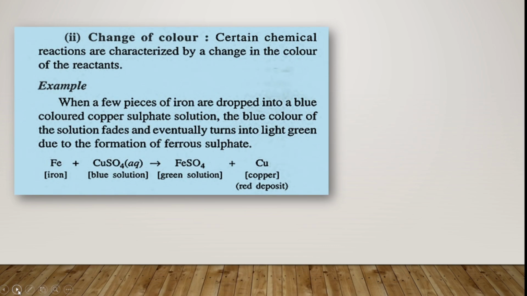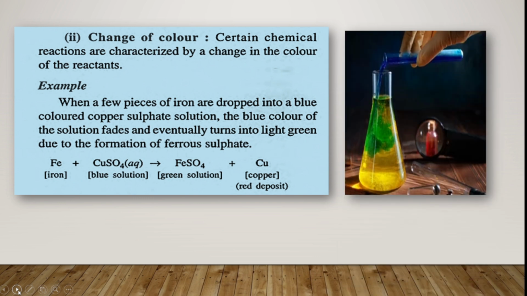Next one, change of color. When certain chemicals or elements react together, the chemical change is shown as a change in color. Here in the example you can see we have taken a yellow colored liquid in the test tube. We are adding a blue colored liquid.